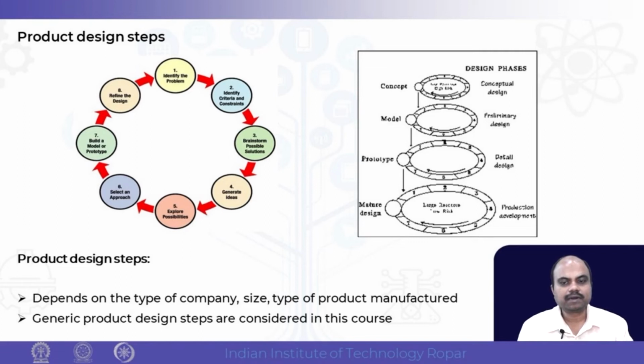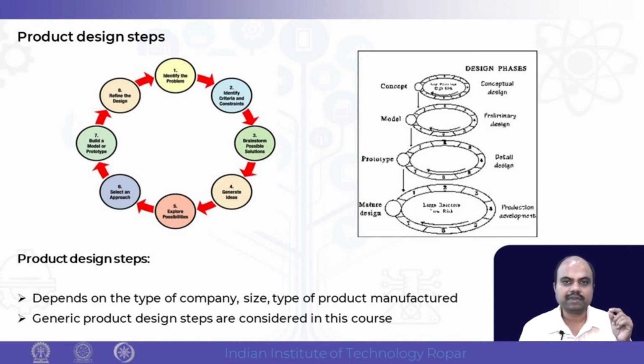Now we're talking about product design steps. Product design steps depend upon the kind of company which is designing the product. There are various companies designing products, right? Starting from cameras to shapes, and even very small electronic components to pens.